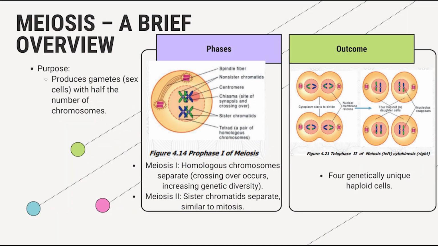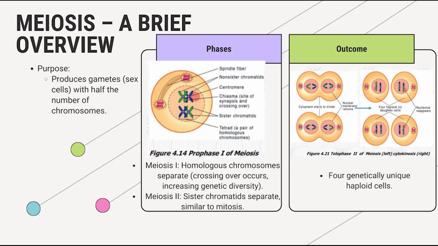Here we have another detailed topic on meiosis. Meiosis is a special type of cell division that produces gametes, which are the sex cells. It happens in two stages. The first one is meiosis 1, the second one is meiosis 2. During meiosis 1, homologous chromosomes separate and crossing over occurs, increasing genetic diversity.